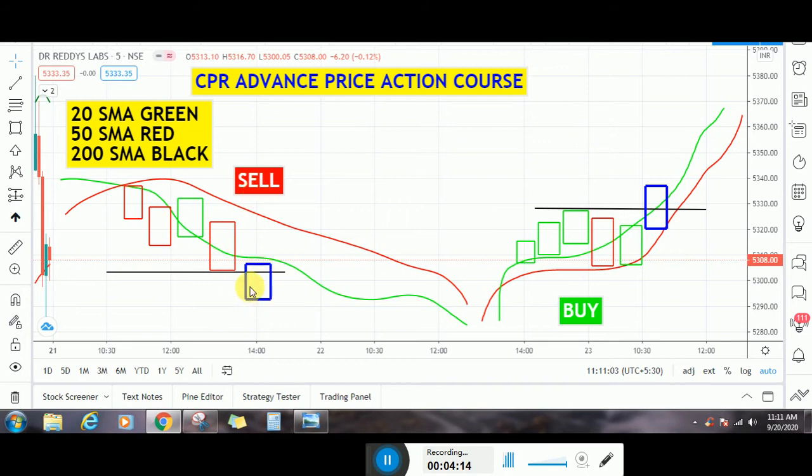See, the new low is formed, the blue candle closes under this low, the fresh low, the current day low. Understand, current day low. The price closes there, so we get the sell entry, and we use this formation for selling.